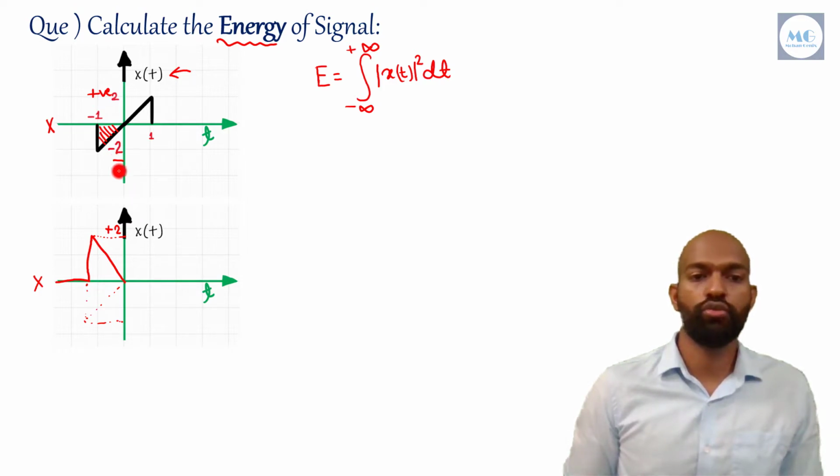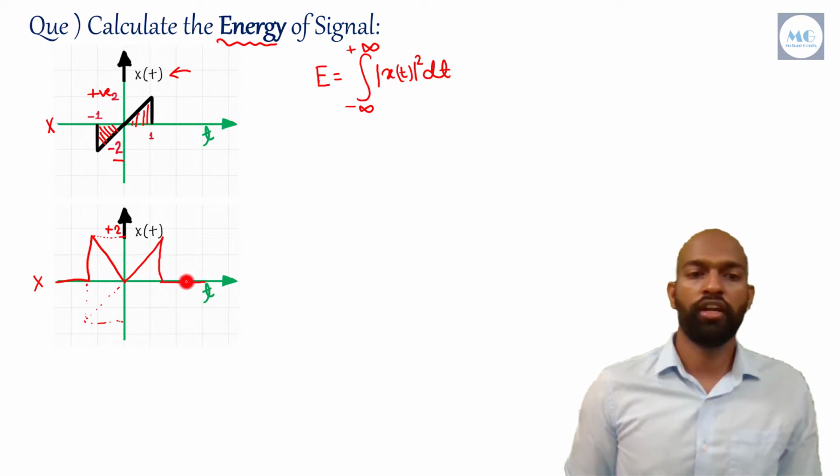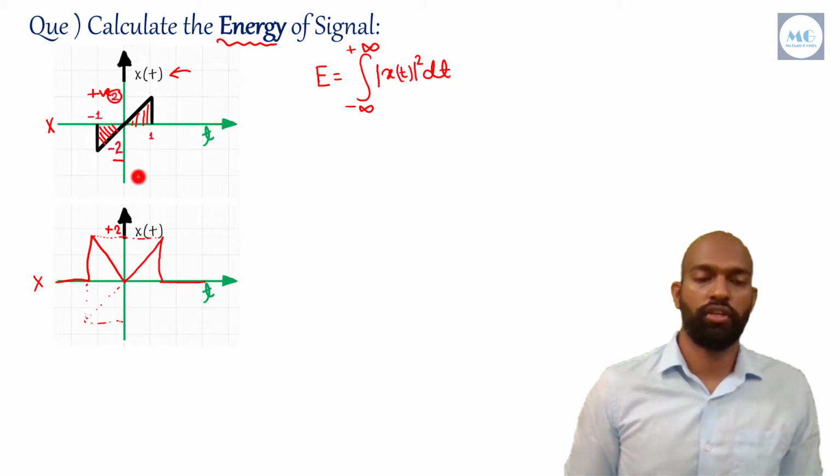See, this is minus 2, it will become plus 2. And the positive side will remain as it is. So it will become like this. Understood? Its value is also 2 as given in the question.